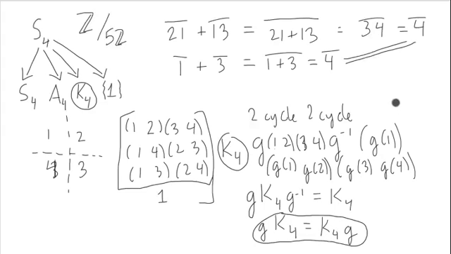So we actually have a nice working arithmetic. We need this, and K4 happens to be normal. Now let's look at an example of how we can do modular arithmetic over K4.